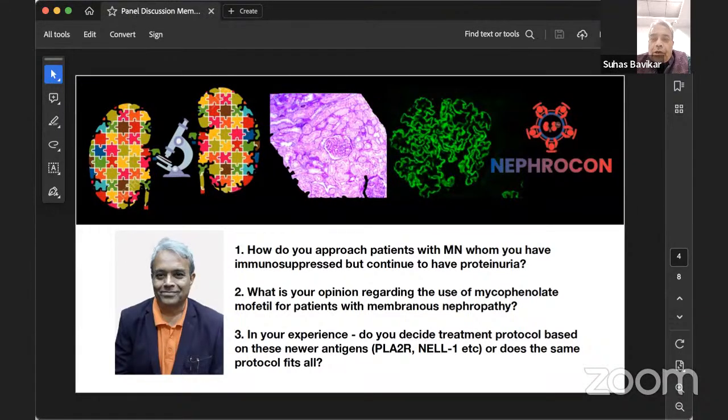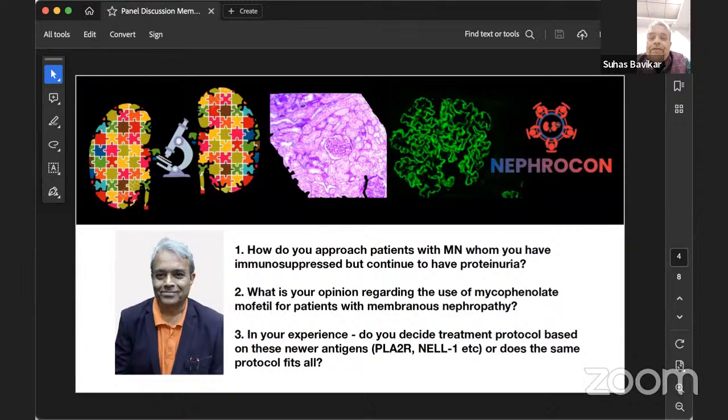So currently, if antigen is positive, detected as PLA2 receptor antibody positive or NELL1, this is quite frequent. A lot of cases nowadays are getting detected. So in those cases, if nephrotic state persists, then I keep adding the 7 antiproteinuric drug cocktail, whichever suits the patient.